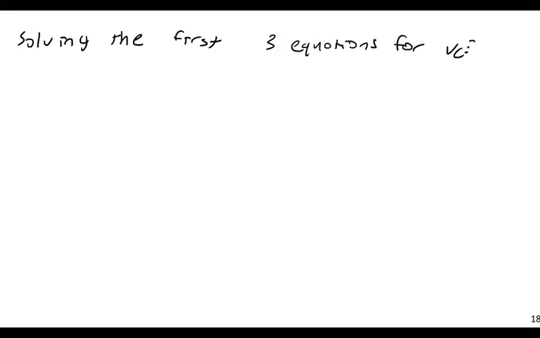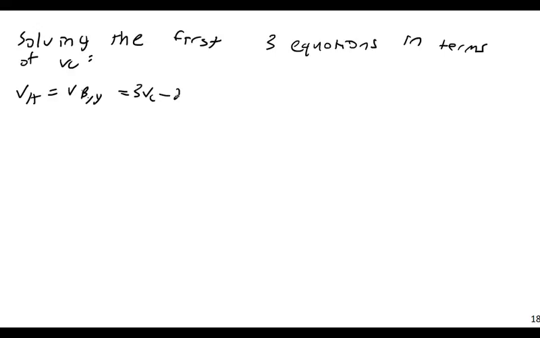So solving the first three equations in terms of VC, I can get that VA is equal to VBY, which equals 3VC minus 20.